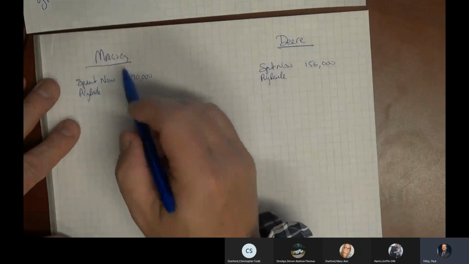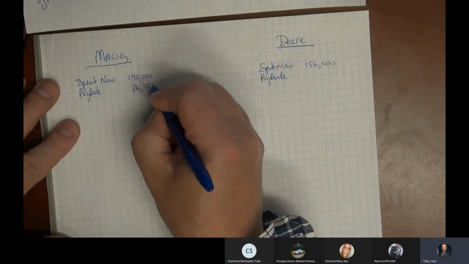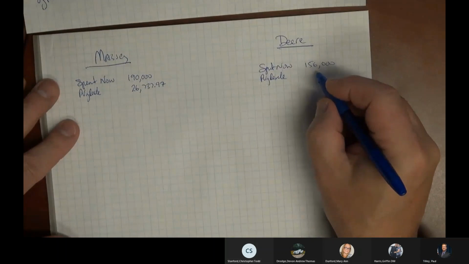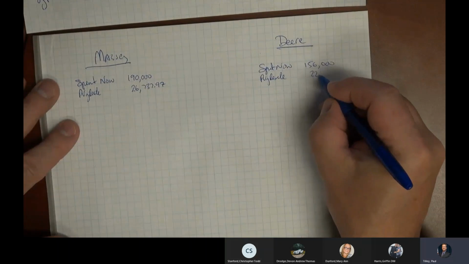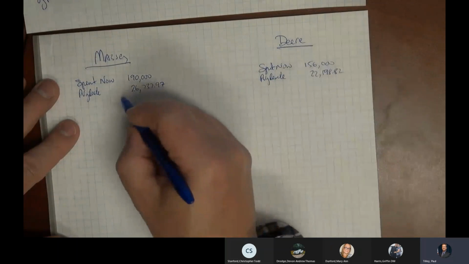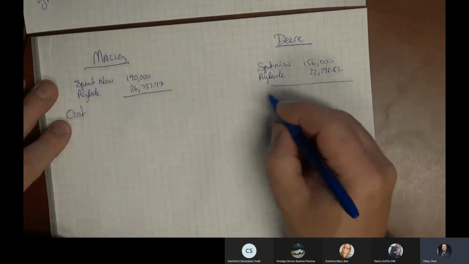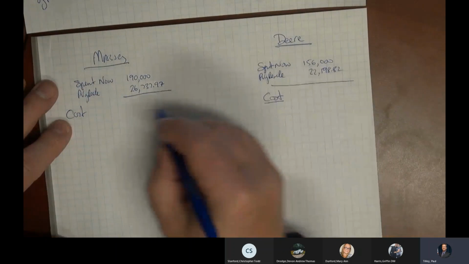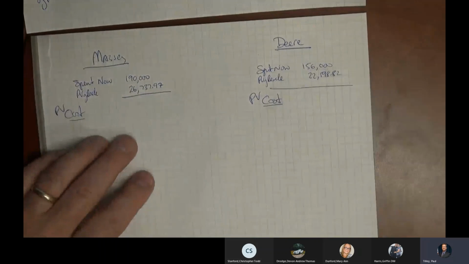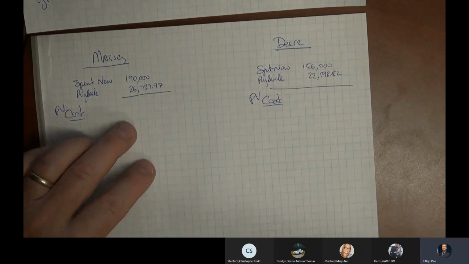So we calculated the present value of the resale to be $26,737.97 for this rate, and $22,598.82 for that rate. So really, the actual cost in today's dollars, the PV cost, this is the present value cost for this one here.